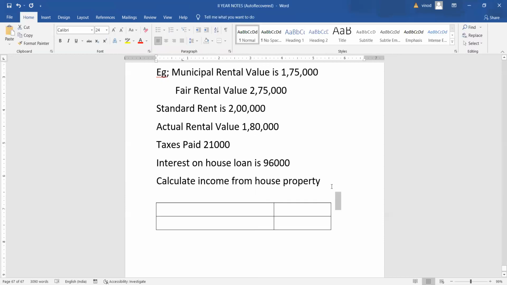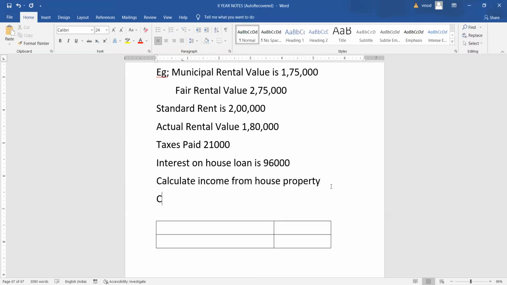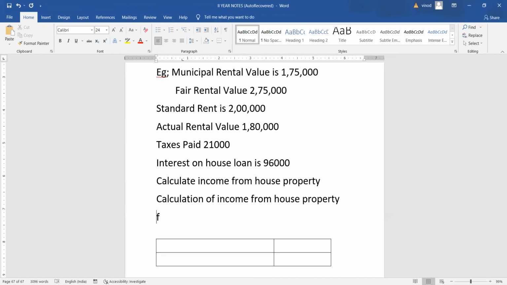You should write calculation of income from house property for the assessment year 2020-21.